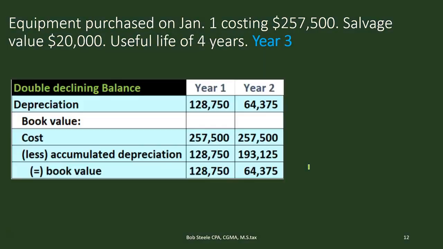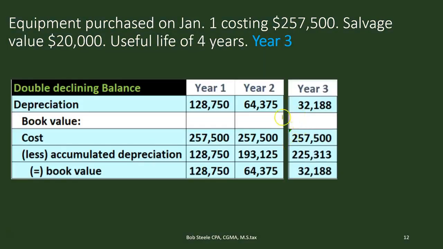So if we look at our table, here's where we were at the end of year 2. Year 3 looks like this. Depreciation is now, of course, going down. It's front loaded. At the end of the day, it'll be the same as it was in the straight line, but you can see that through the period of the 4 years in this case, it is much different. The cost remains the same, and the accumulated depreciation is now the prior year accumulated depreciation plus the current year's depreciation expense to get the 225,313.